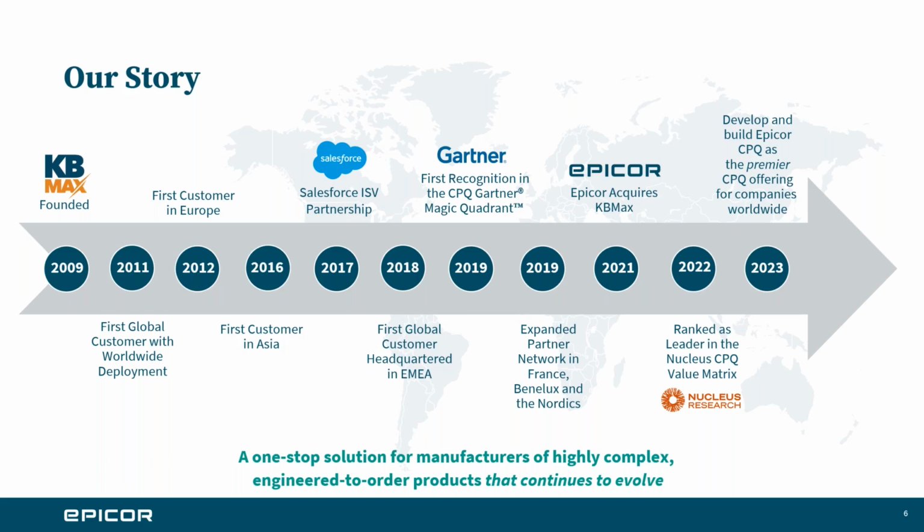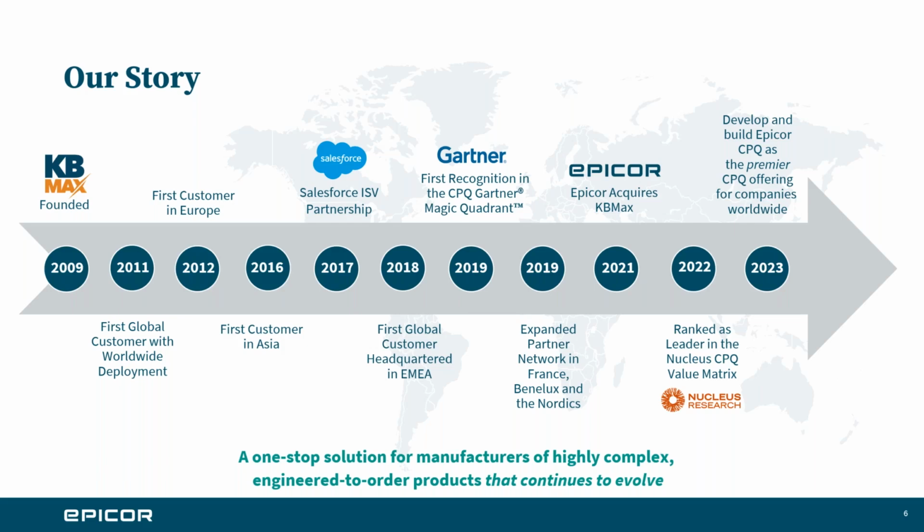As the years have passed, going from left to right, we've expanded our customer base globally. In 2017, a big partnership with KB Max and Salesforce. And then in 2019 and in 2022, we were recognized by Gartner and Nucleus. Gartner recognized us in the Magic Quadrant, and Nucleus as a leader in the value matrix.